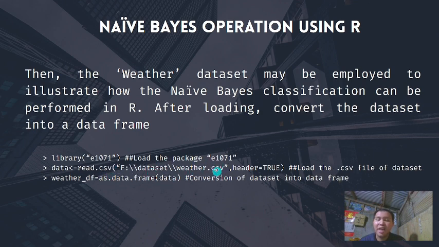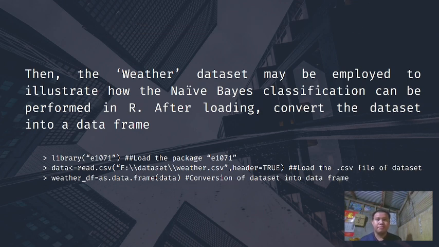This is the file path of the weather.csv. If you are to use this command, you must know the actual file path, otherwise this command won't work. Then weather_df equals as.data.frame(data). This is the conversion of the dataset into a data frame.